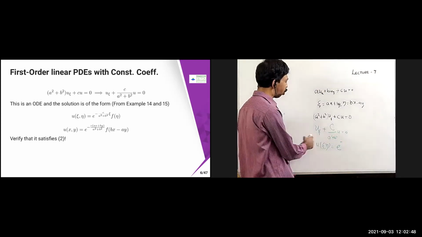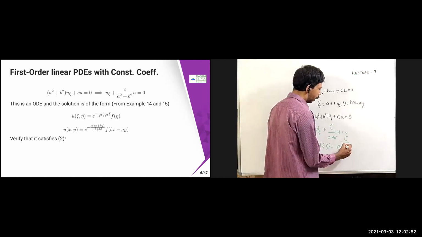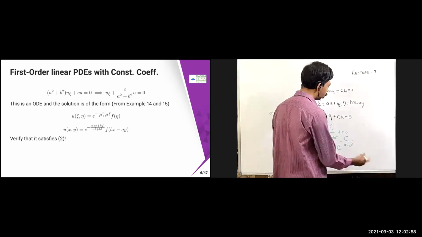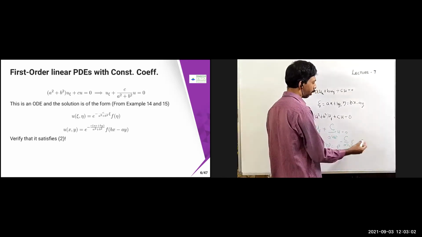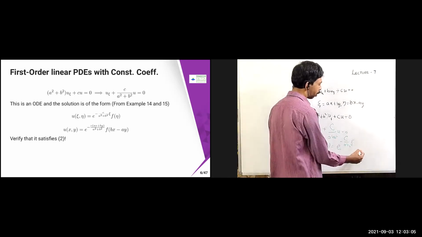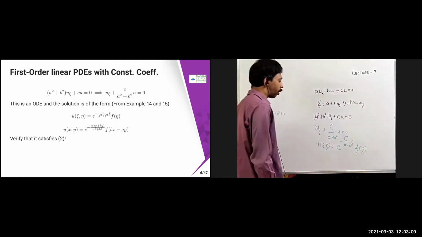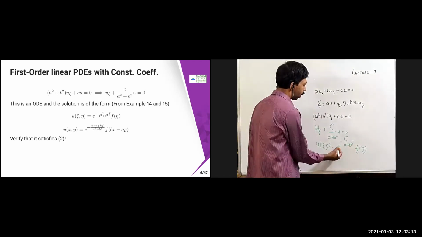So u_chi by u equals, pushing it to the other side, e power minus c by (a square plus b square) into chi, with some constant. Earlier we used to put some log c. Here I'm going to put some function of eta, some constant is going to come.